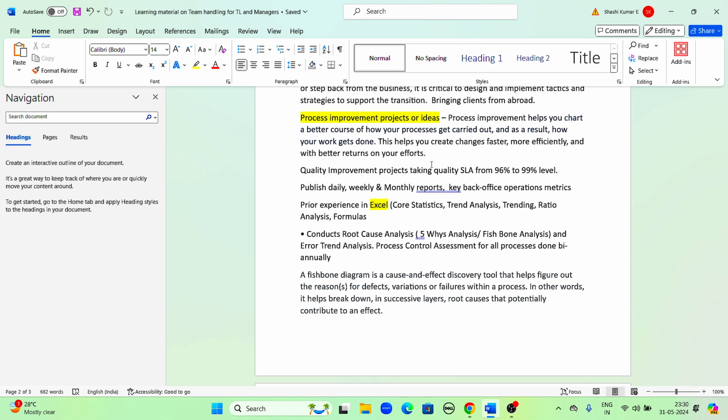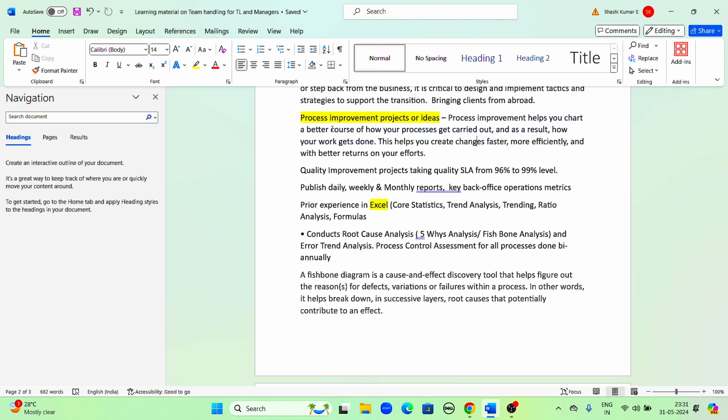So try to analyze. It's not about working in different applications and doing the normal set of work, but how well we can think and get an interest in that particular process, and work on the process improvement. It helps you chart a better course of how your process gets carried out, and as a result how your work gets done.